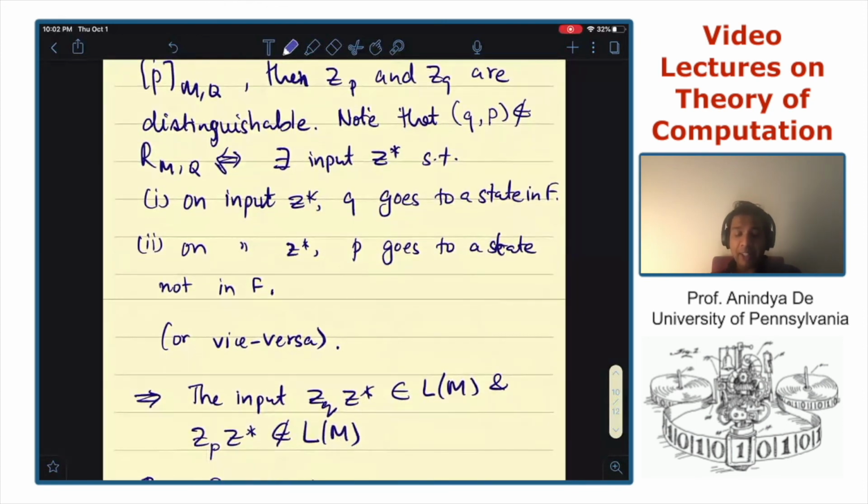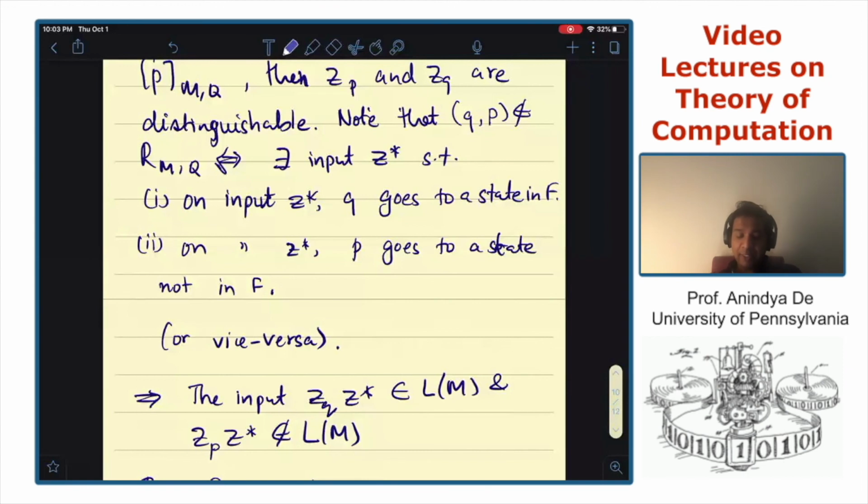Well, but starting from the initial state and reading z_p would take you to p, and starting from the initial state and reading z_q would take you to q.